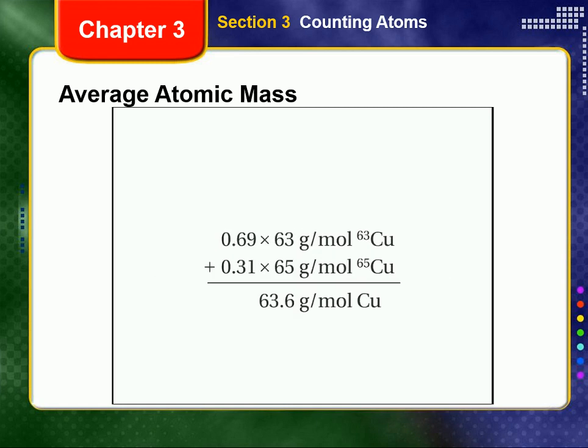For example, naturally occurring copper is 69% copper-63 and 31% copper-65. Multiplying these fractions times their respective atomic masses yields the average atomic mass of copper at 63.6 grams per mole.